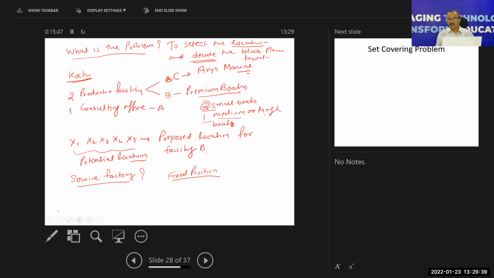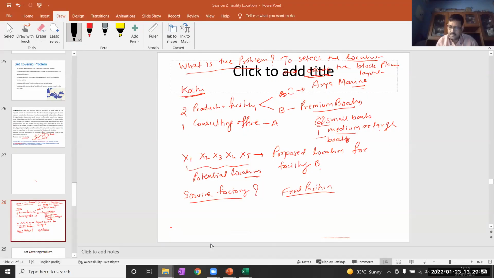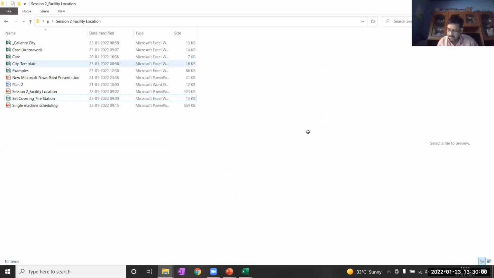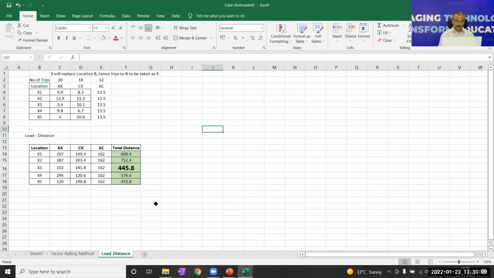What about factor rating method? So weightage of each operation is given, no? Yeah, factor rating also we can apply. Okay, so all the data is given from the exhibit.